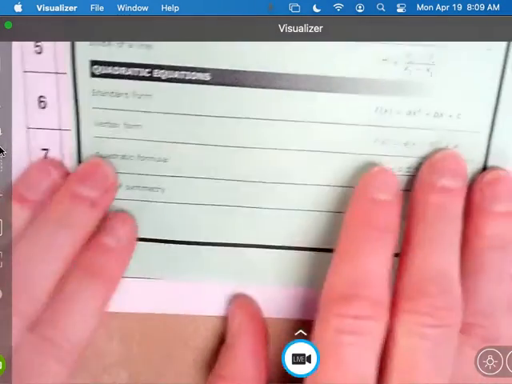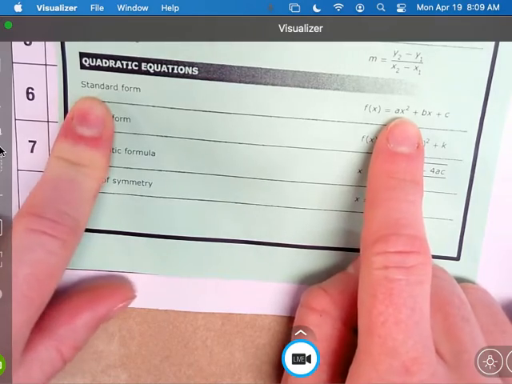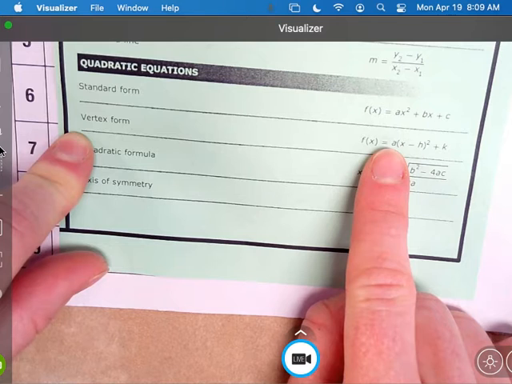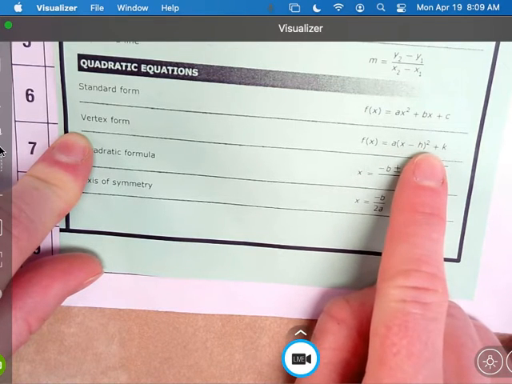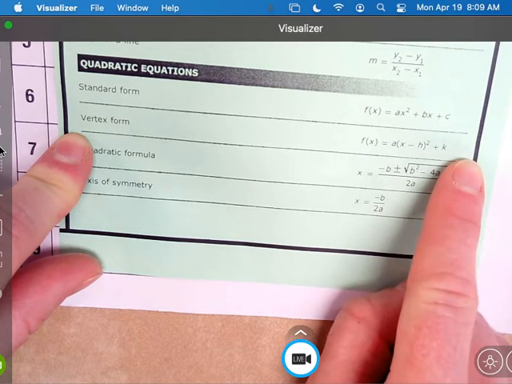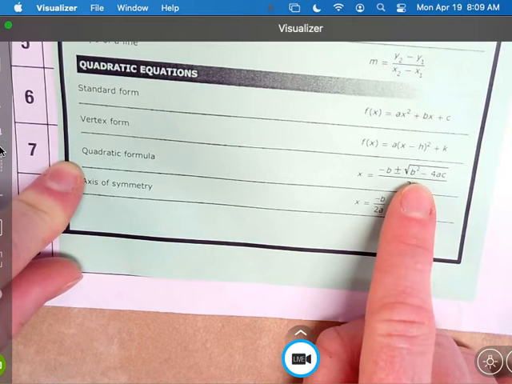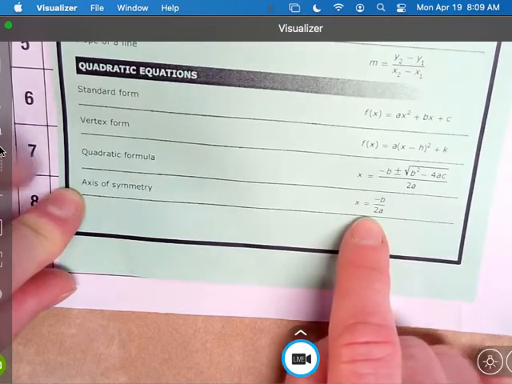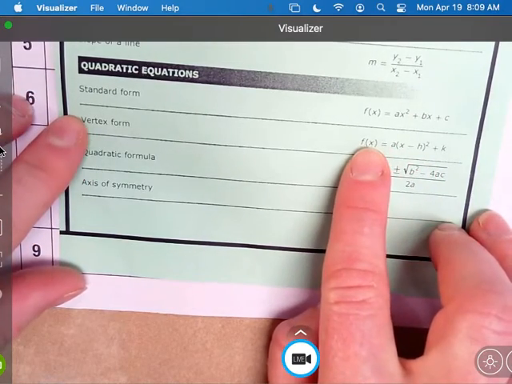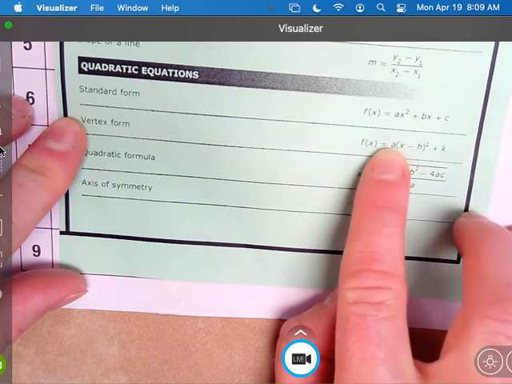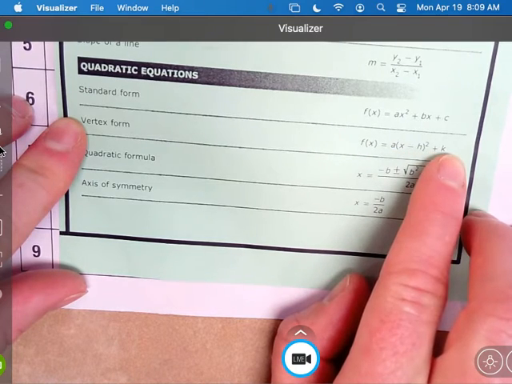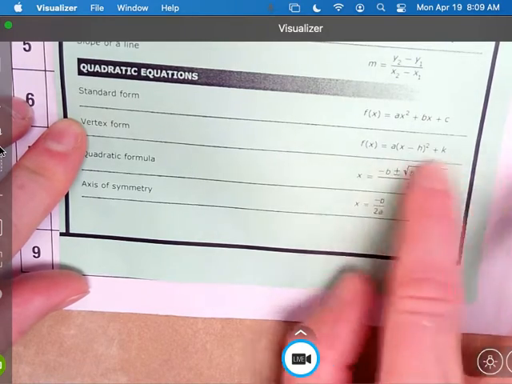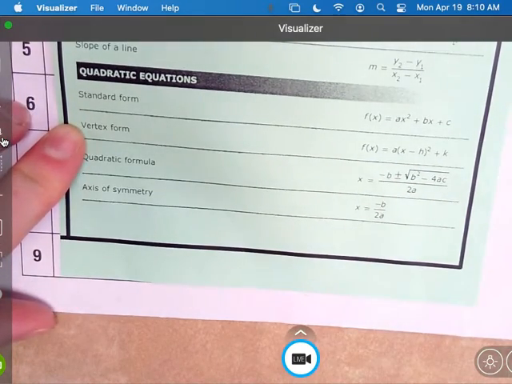We have standard form, so we have looked at that. Vertex form is what we are going to learn today. So let's look at that formula: a times (x minus h) squared plus k. Quadratic form we haven't learned yet, so we're going to skip over that. And axis of symmetry we have learned. See how the vertex form has an a, an h, and a k? We are going to use these letters and they will tell us about the quadratic function.